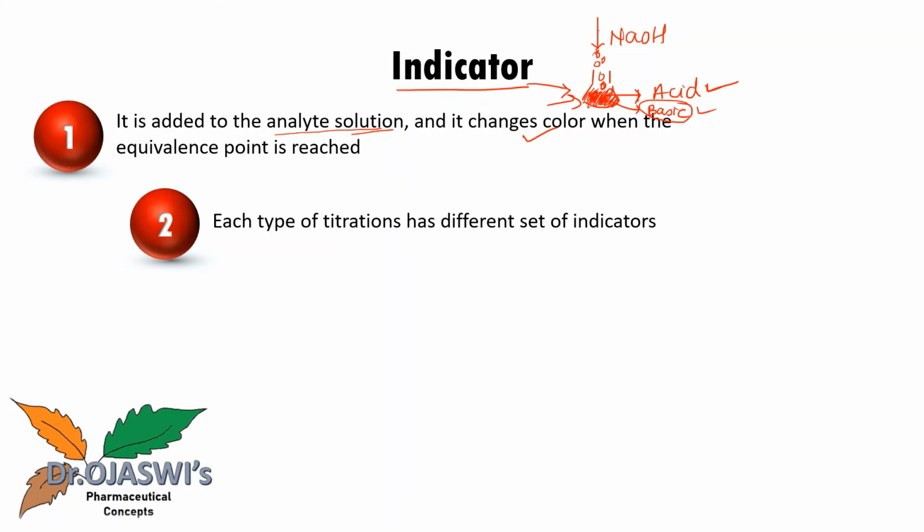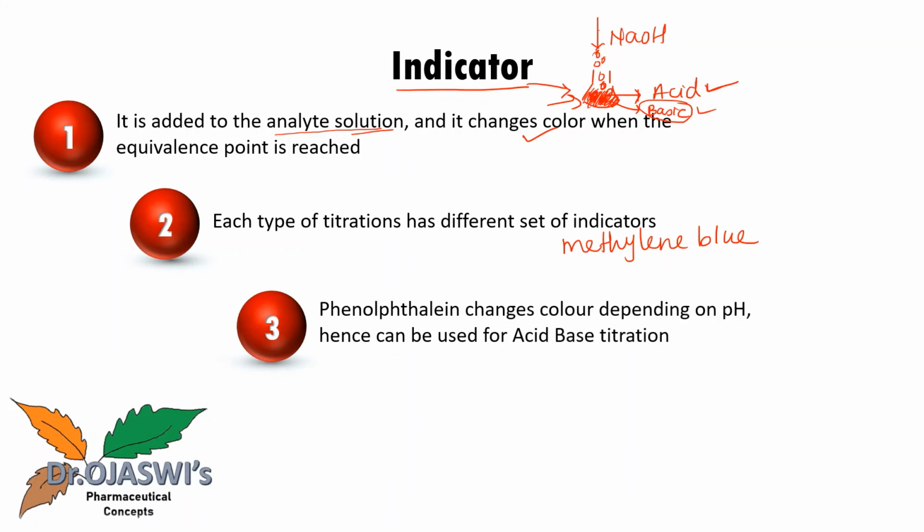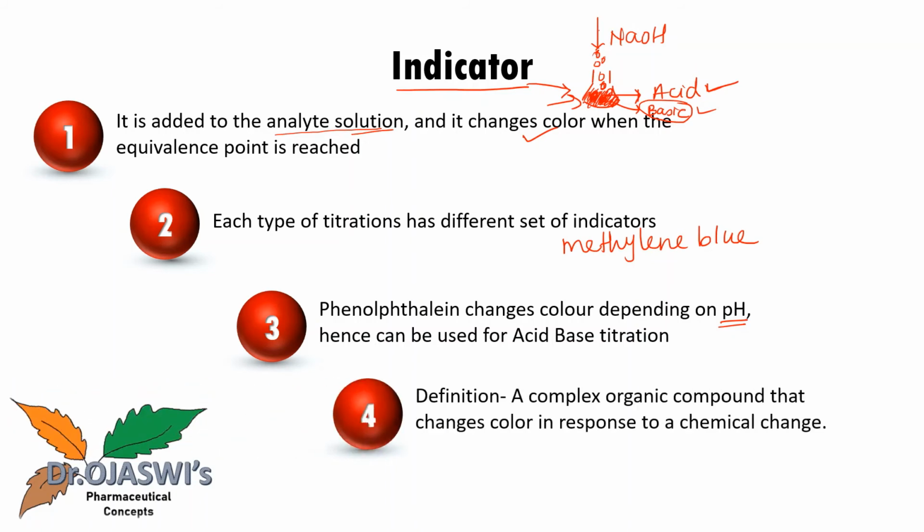For example, methylene blue is blue in oxidized form, and when it is reduced, it becomes colorless. Phenolphthalein changes color depending on pH, hence it can be used for acid-base titration.